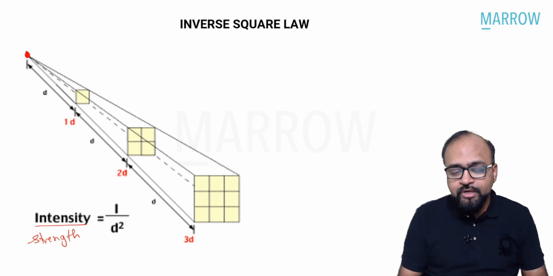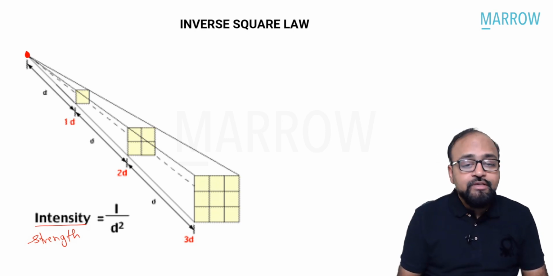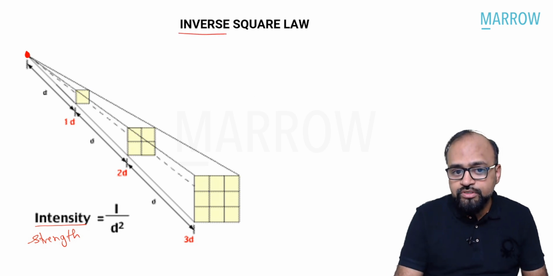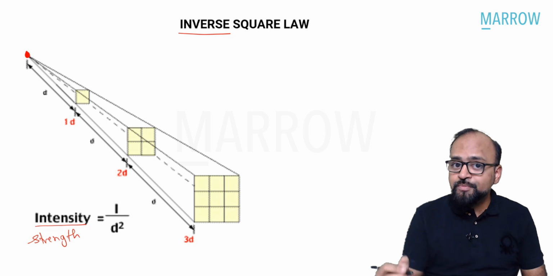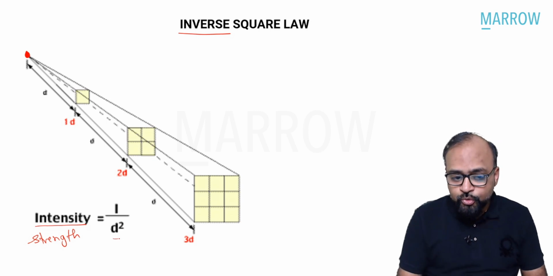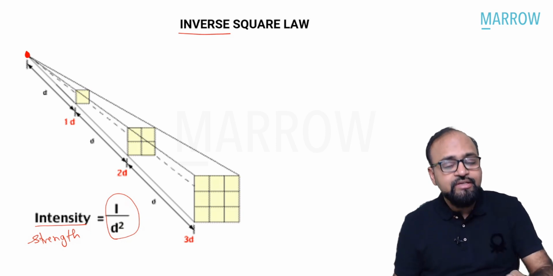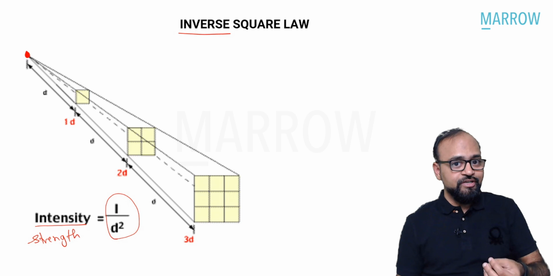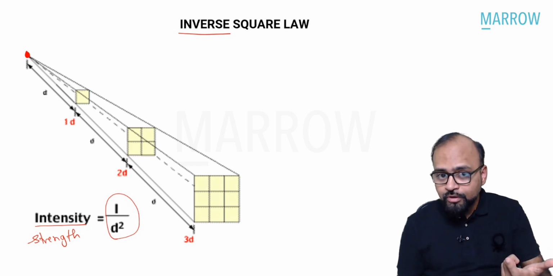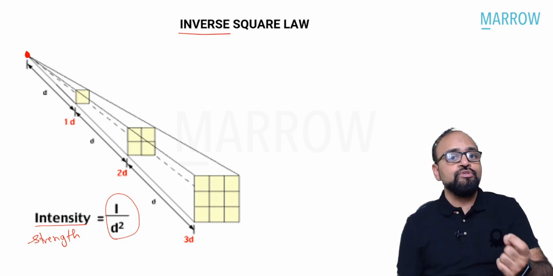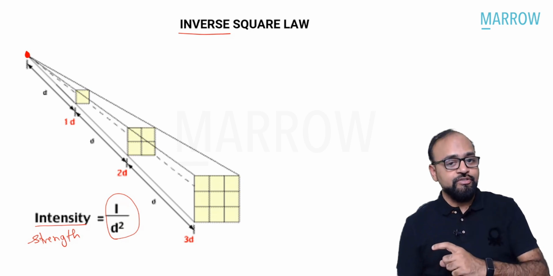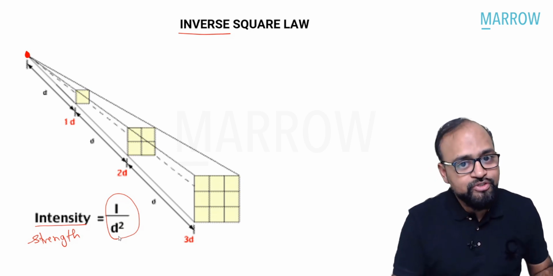But how does it drop? The intensity or strength is inversely proportional to the square of the distance from the source. As the distance increases, the intensity or strength of the radiation beam is going to drop. How? Inversely proportional to the square of the distance, right? So this is the inverse square law.